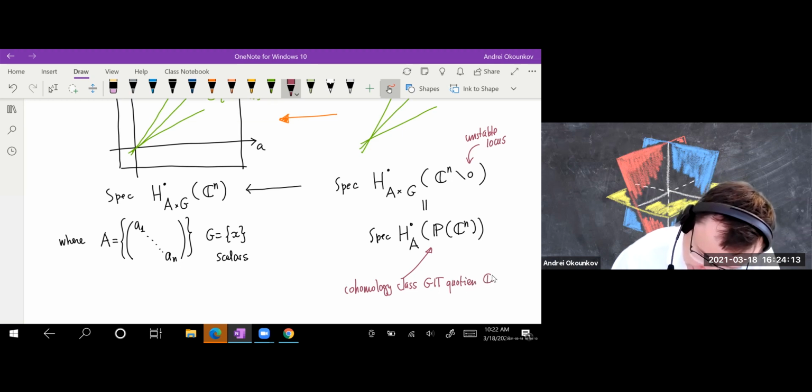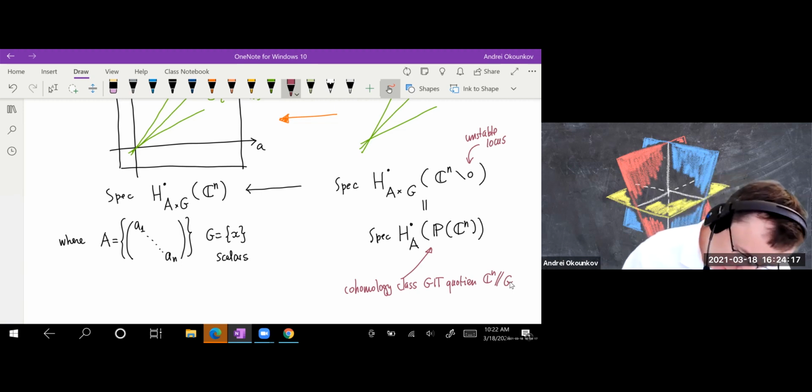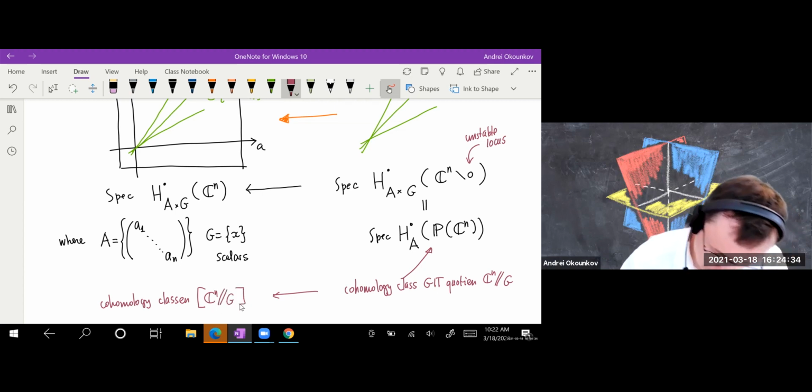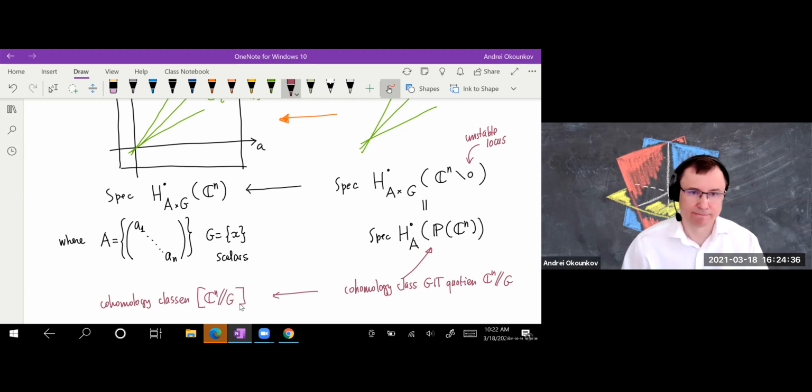We take C^n mod my group G, and then we would like to extend them to cohomology classes on the quotient stack. Okay. That's the kind of question.